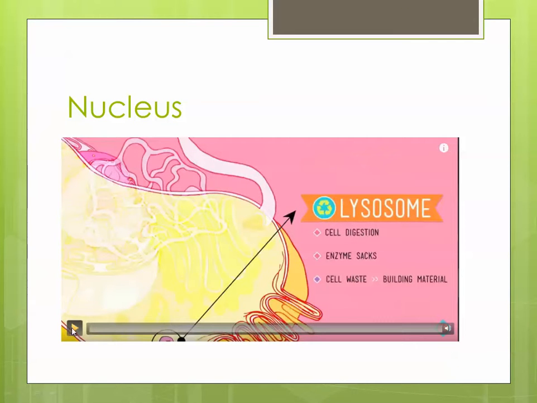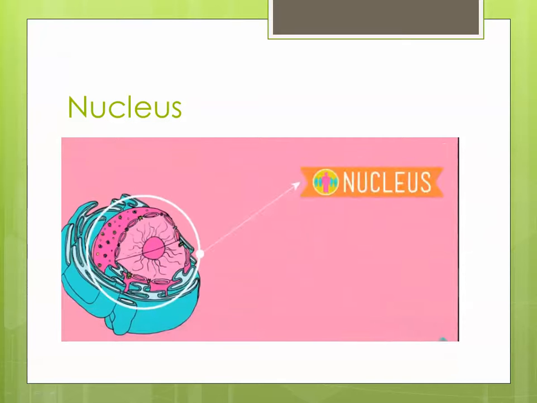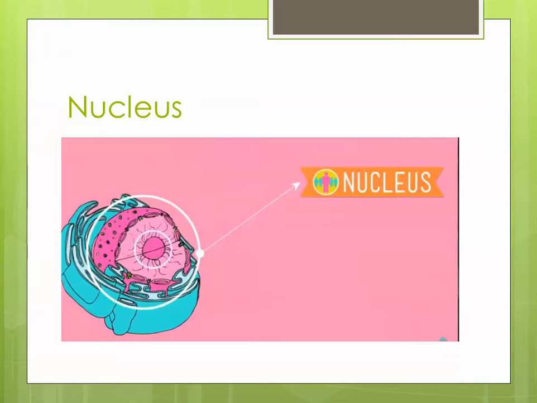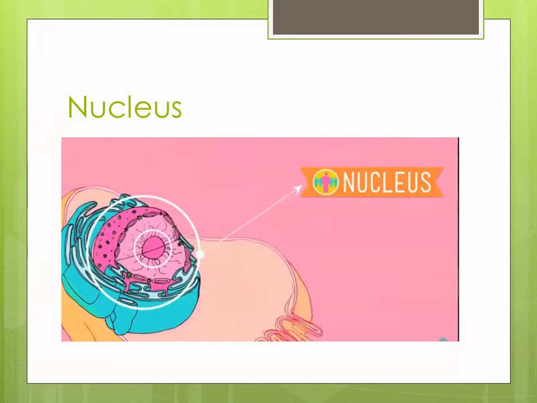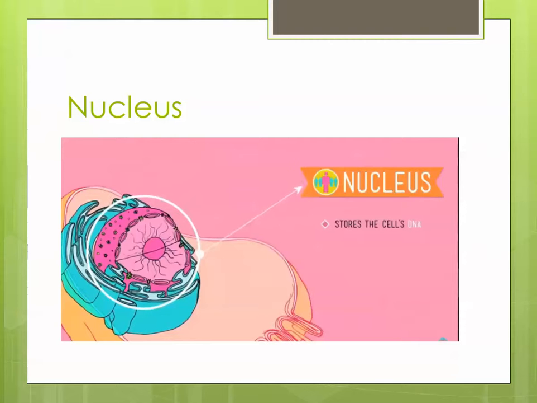Next is the nucleus. The nucleus is the most important part of the animal cell. The nucleus, the beloved leader. The nucleus is a highly specialized organelle that lives in its own double-membraned, high-security compound with its buddy, the nucleolus. And within the cell, the nucleus is in charge in a major way. Because it stores the cell's DNA, it has all the information the cell needs to do its job.